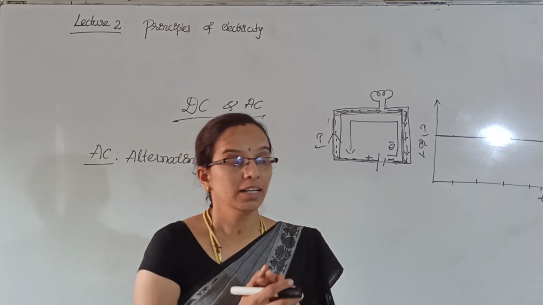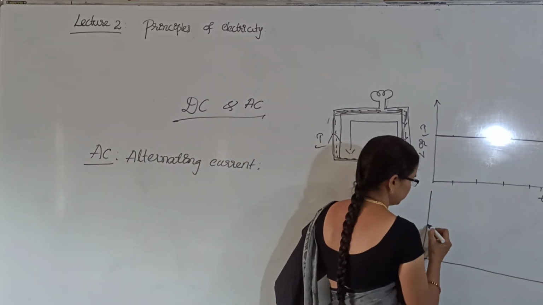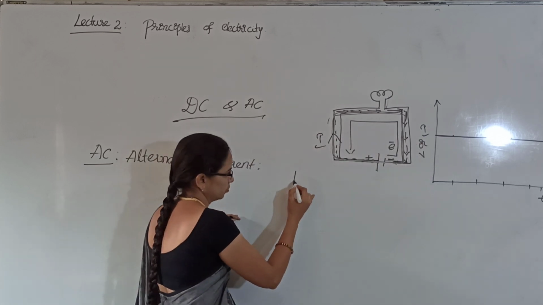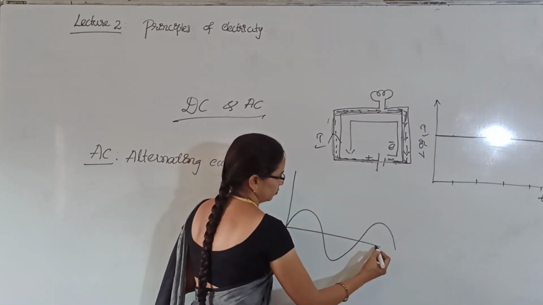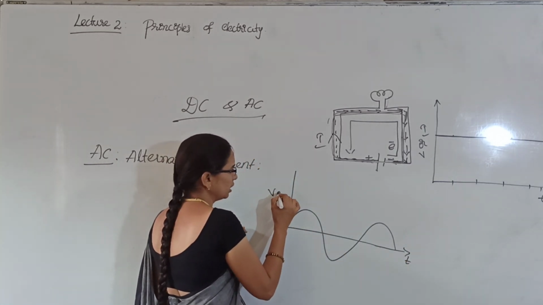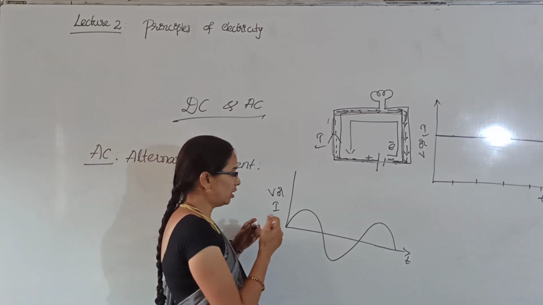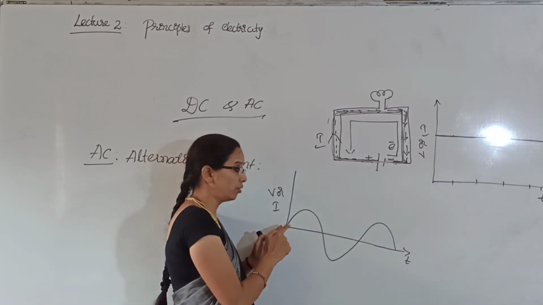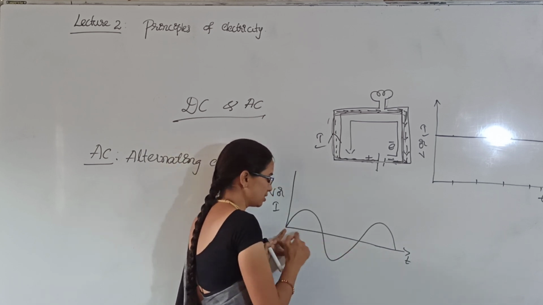That means if you draw a graph, with the time axis, the voltage or current will not be a straight line, it is a sine wave.